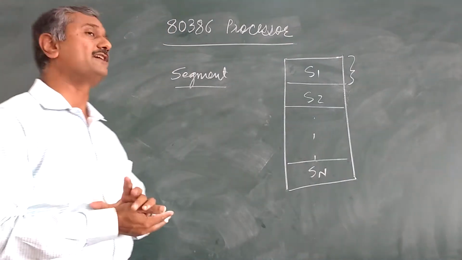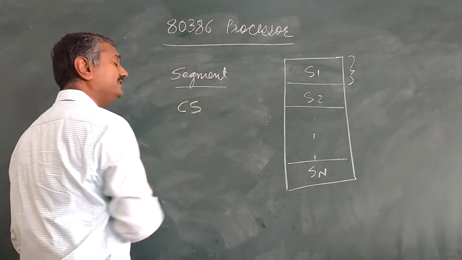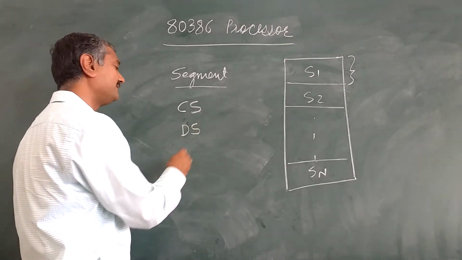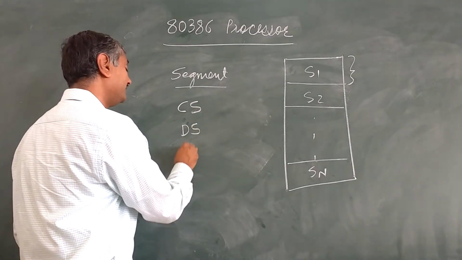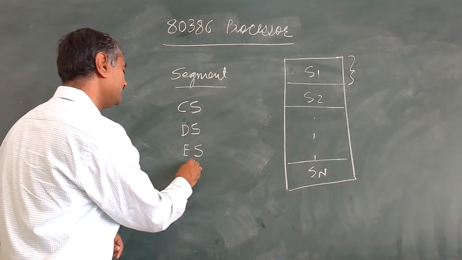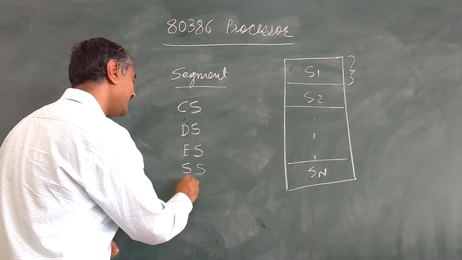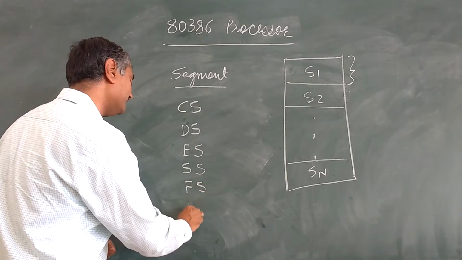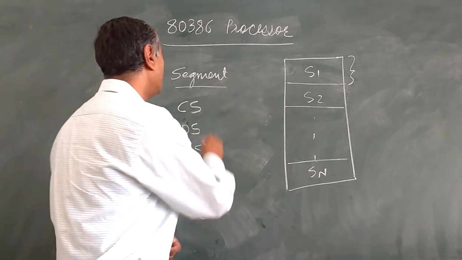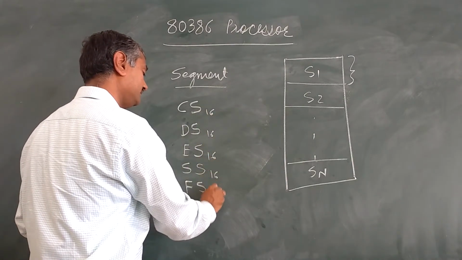this particular microprocessor has 6 segment registers. One is the CS, which stands for code segment, DS, which stands for data segment. Then we have ES, which stands for extra segment, SS, which stands for stack segment, and two additional segment registers known as FS and GS. All these are 16-bit registers.